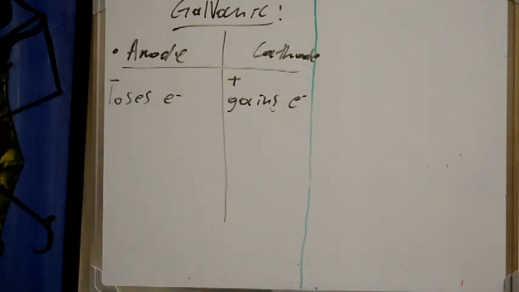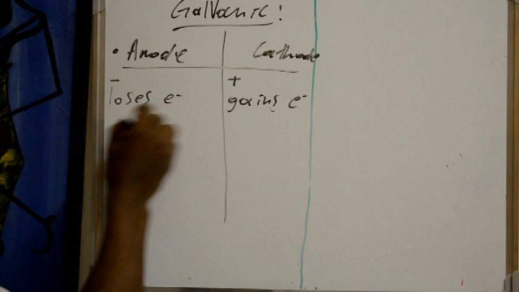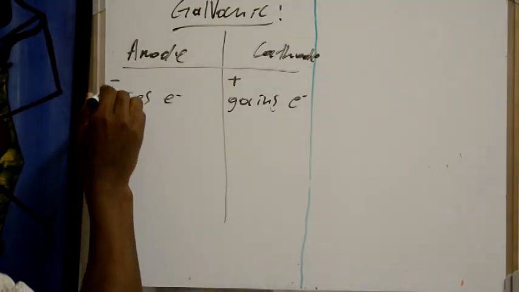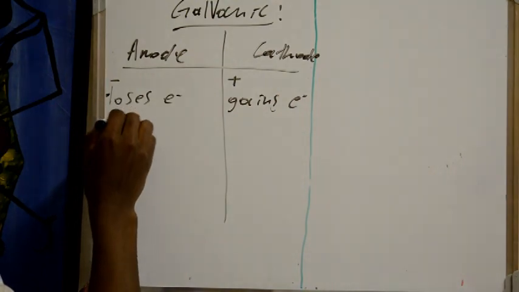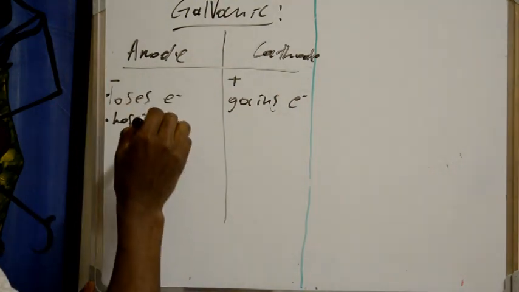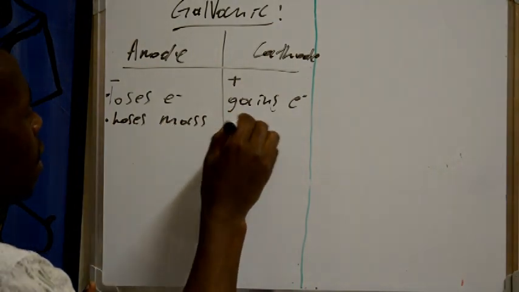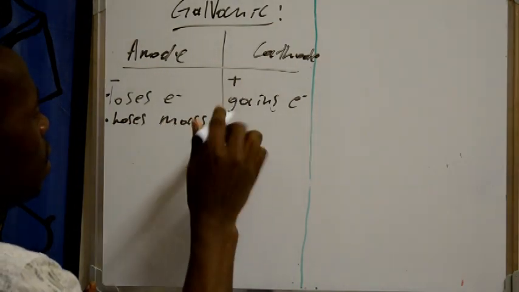So the one that loses electrons loses mass, then the other one gains mass.